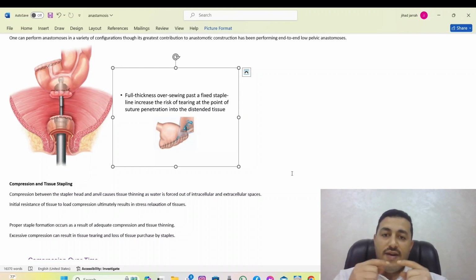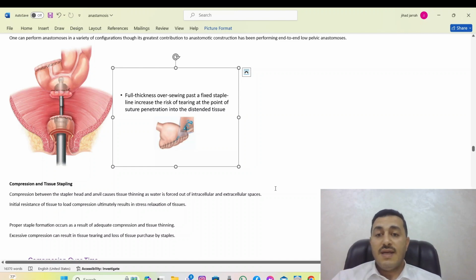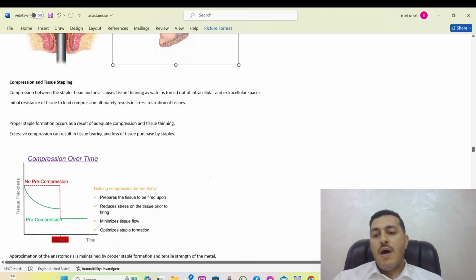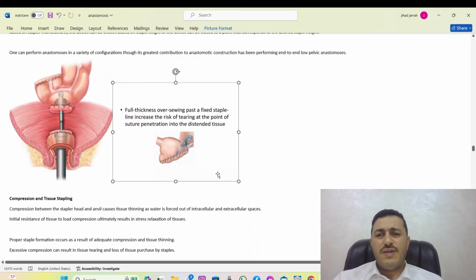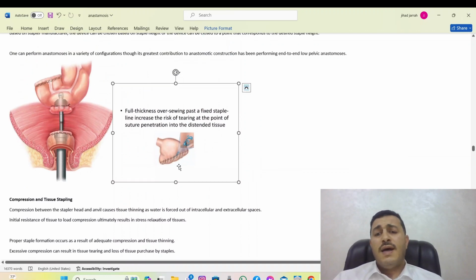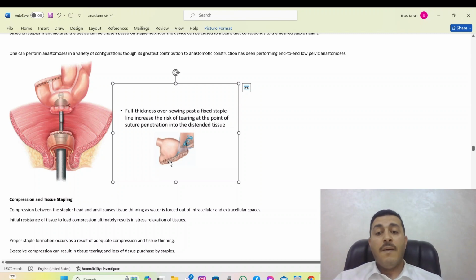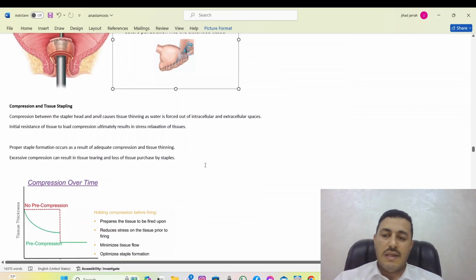So we have at least visually to examine the staple line if there is any clip that is missed or has fallen out, so we have to remove them. This picture, actually I found it on the internet. It shows how second line hand sewing sutures farther from the staple can cause a tear in the staple line, so it's not recommended.